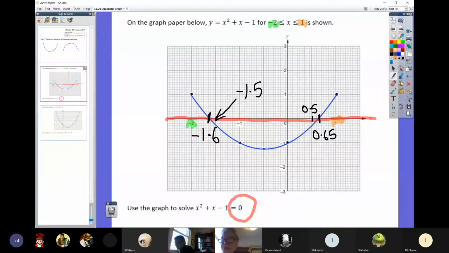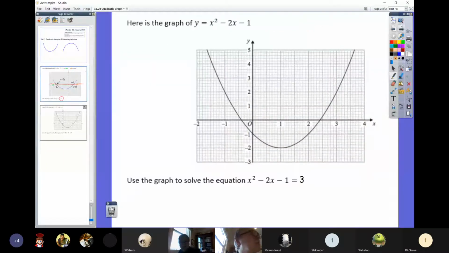Later on, you'll get some where it's not equal to 0, like the one I've done here. It might be equal to 3. So just wait for it to click through onto the second slide. Okay, so there's the second slide. You'll see at the bottom: use the graph to solve the equation x squared minus 2x minus 1 equals 3.